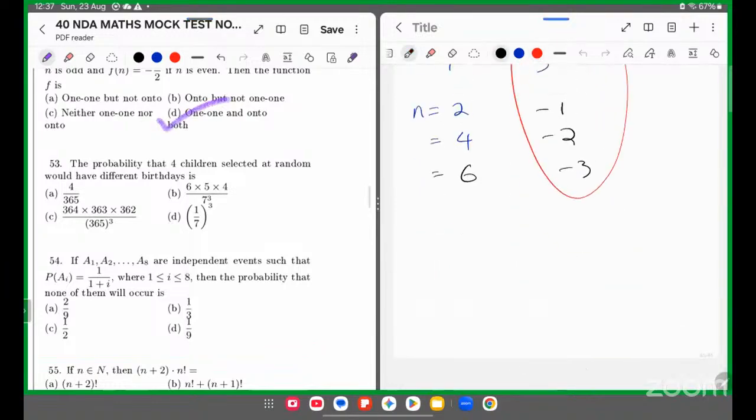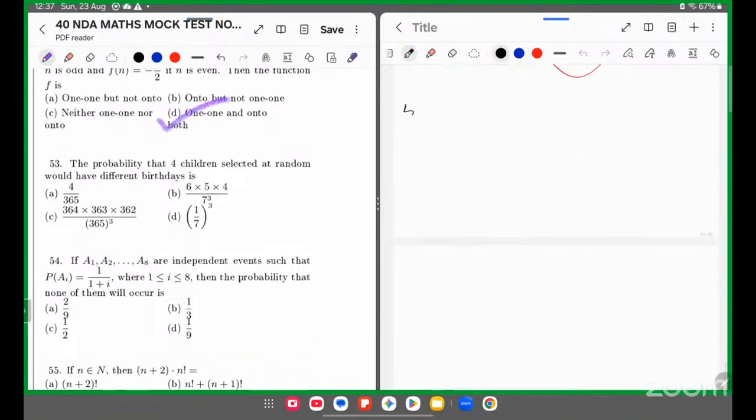Question number 53. The probability that 4 children selected at random would have different birthdays.